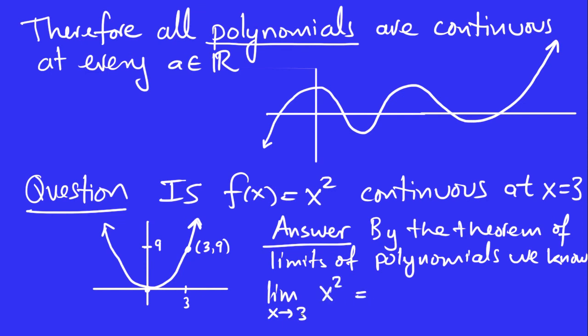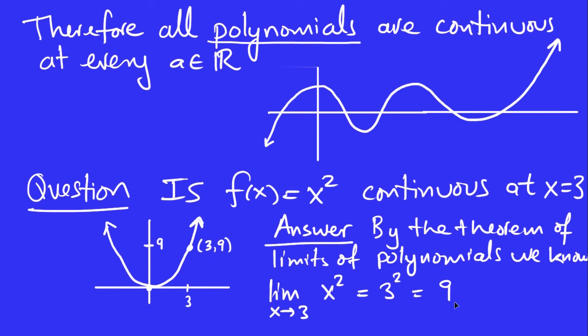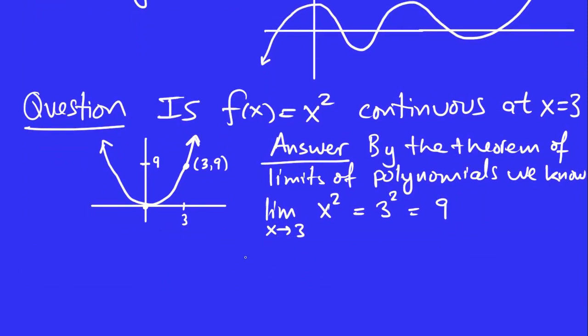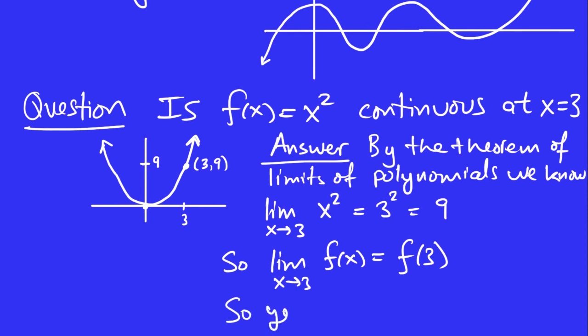Well, by the theorem of the limits on polynomials, all we have to do is put the 3 inside there. And that gives us 9. And therefore, the limit as x goes to 3 of f of x, which is x squared, is equal to f of 3. So yes, it is continuous at x equals 3.